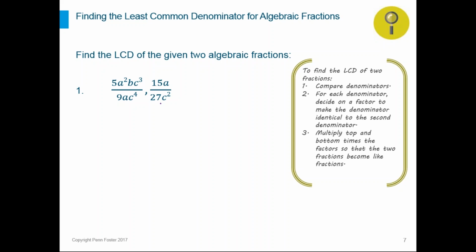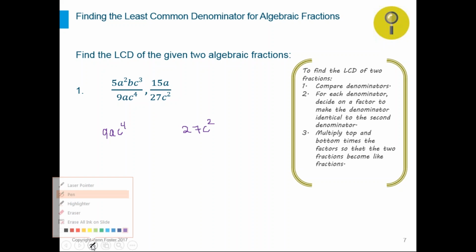Then I have to multiply the second denominator times an a, so both denominators have an a. So the first factor I'm going to multiply the second denominator times would be an a. So I'm going to write down only the denominators: 9ac to the fourth, and also I have 27c to the second.